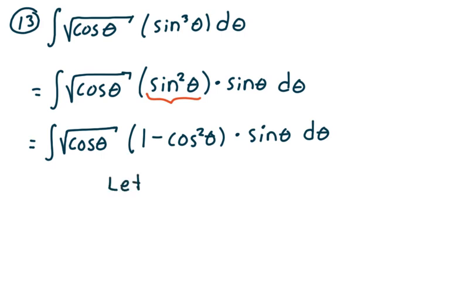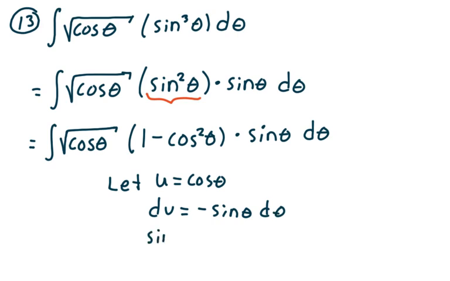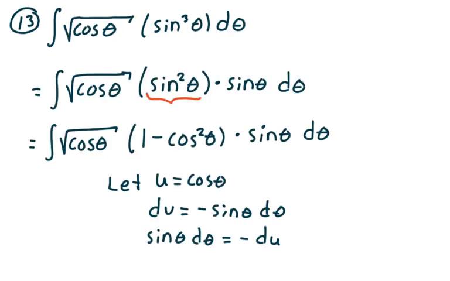And I'm going to let u equal cosine theta. du is negative sine theta d theta. So sine theta d theta is negative du. And so this is equal to negative the integral of the square root of u times 1 minus u squared du. So wherever I saw a cosine theta, I popped in a u.